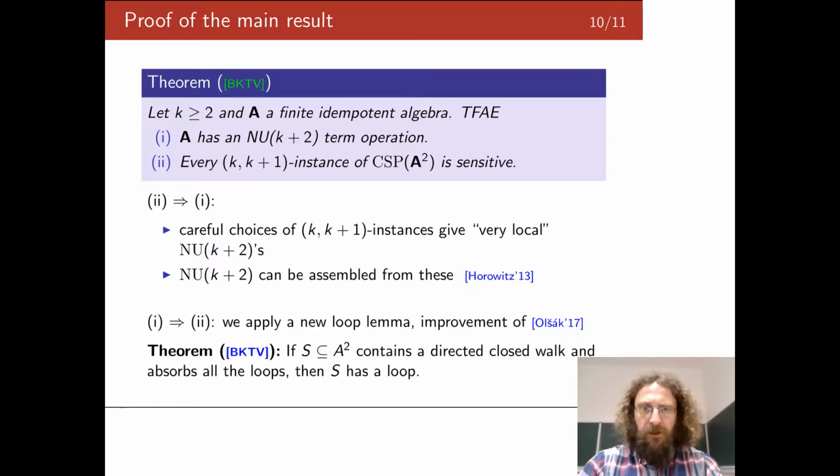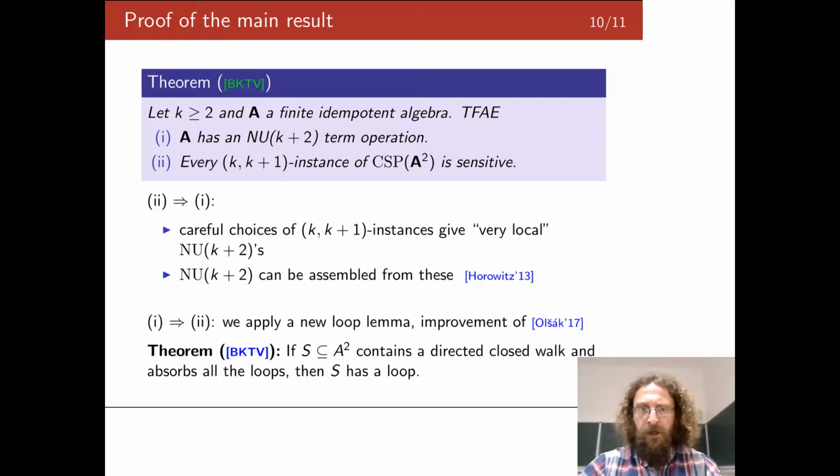In general, a loop lemma is a theorem of the form: if a digraph satisfies certain structural assumptions and certain algebraic assumptions, then it necessarily contains a self-loop. We proved two new loop lemmata. One of them goes as follows.